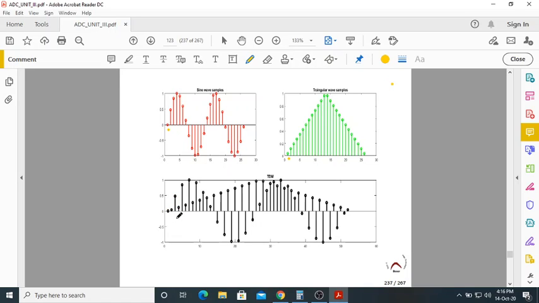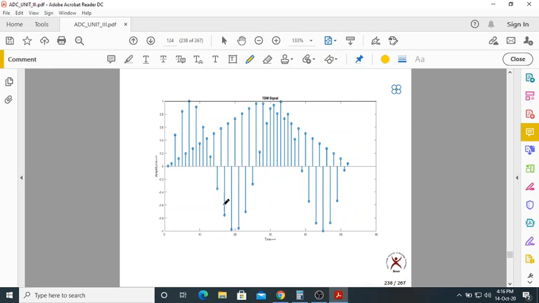Now if you join them just like this, these are the samples of the triangular wave, correct? And these are the samples of the sine wave, isn't it? But they are transmitted using time division. This will be done by the commutator and the reverse will be done by the decommutator. Now this is the final TDM signal.